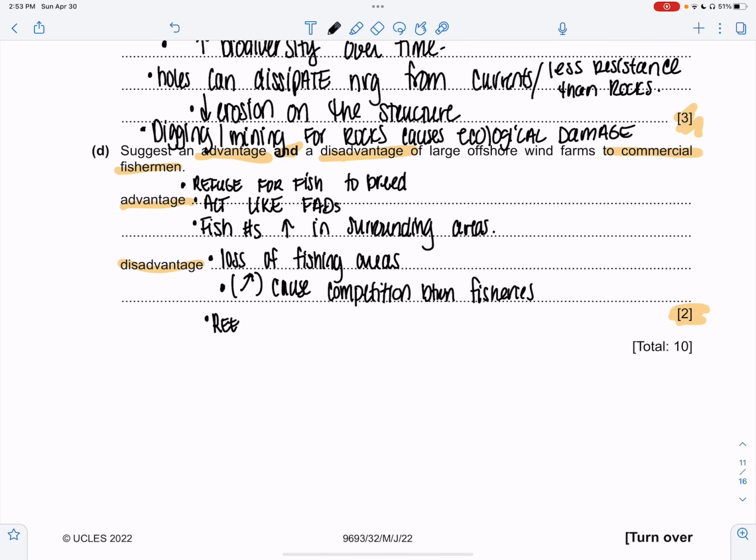Having reef balls or rocks holding down those steel tubes could damage fishing nets.